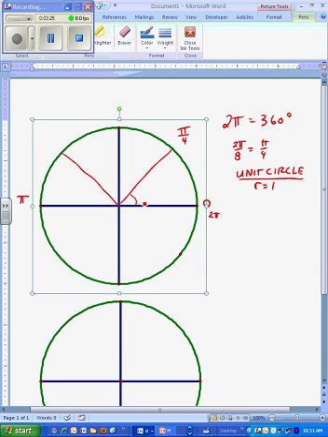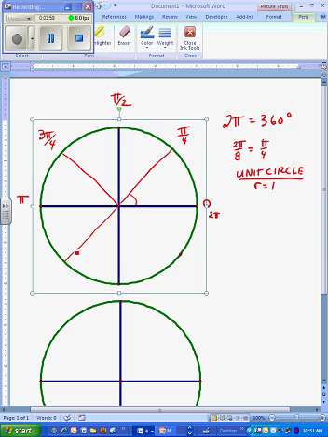When I do this, I like to count in and around the circle. If I figure out these different measurements, I just start counting. One of these slices of pizza, so to speak, is pi over 4. So I'm going to go 1 pi over 4, 2 pi's over 4, which we can reduce to pi over 2. Then this would be 3 pi's over 4. 4 pi's over 4 is pi.